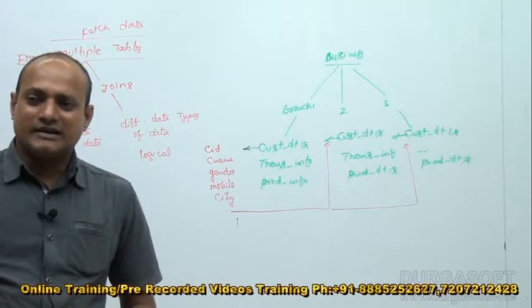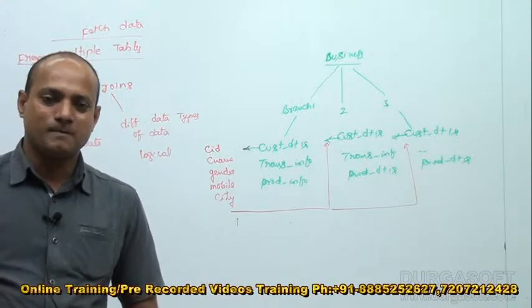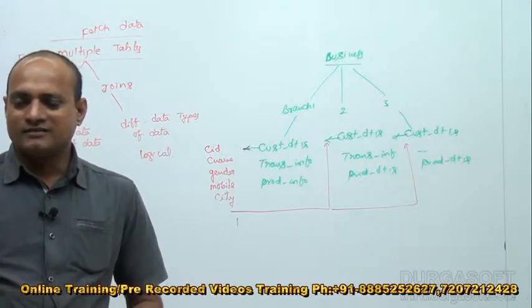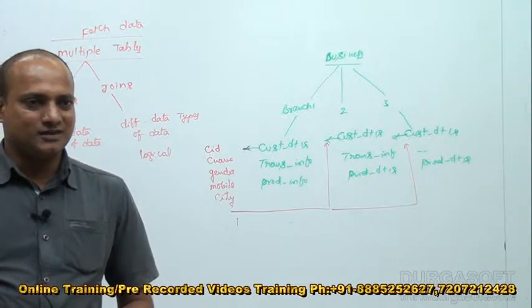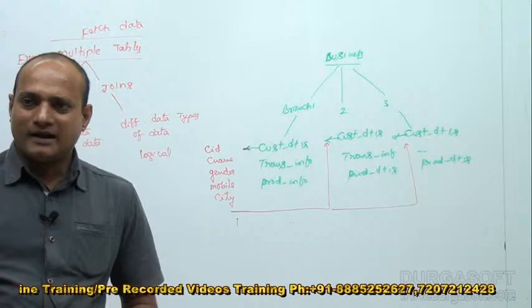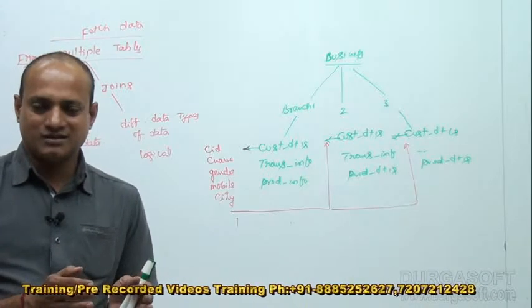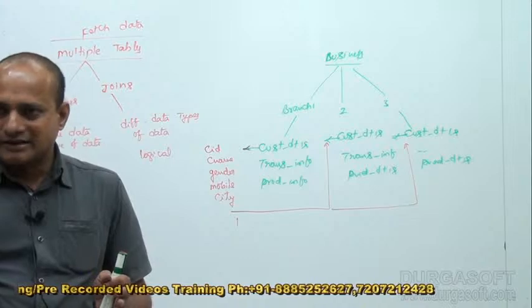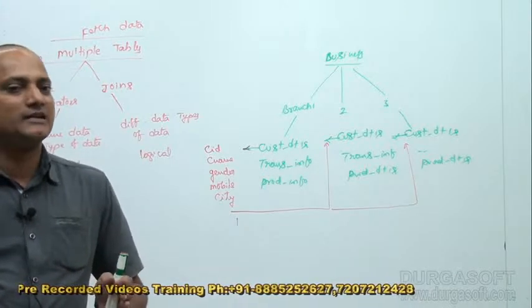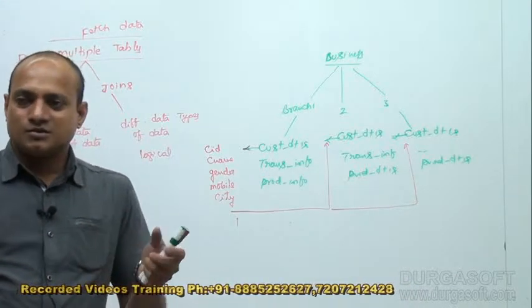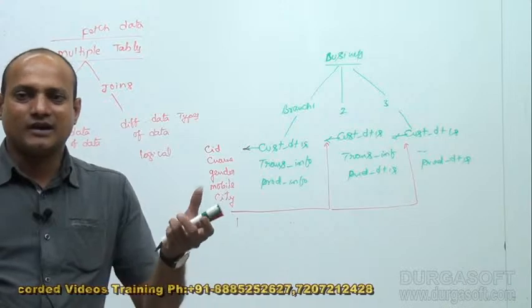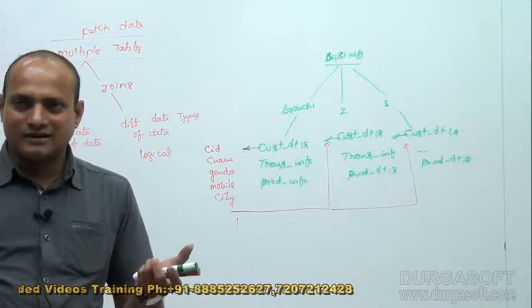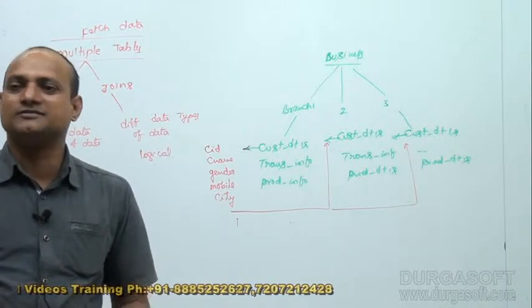Simple example: if you consider a bank like ICICI Bank, they have customers information. One branch maintains customers information, and the second branch also maintains customers information. In both branches, we have a database server, and under the database server there are customers information tables.